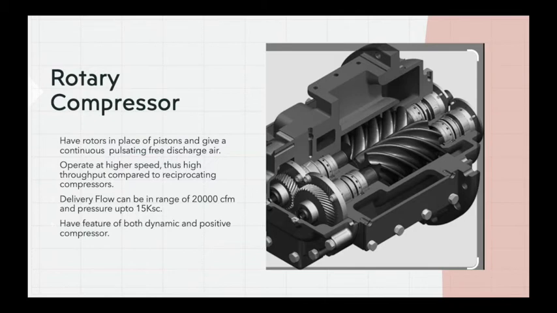Now the basic fundamental difference of a rotary compressor from a reciprocating compressor is that, though similar to a reciprocating compressor, the rotary compressor also reduces the volume of a gaseous particle or molecule, at the same time the rotary compressor also imparts some kinetic energy because of the motion of the vanes or the screws or the gear, I would say.